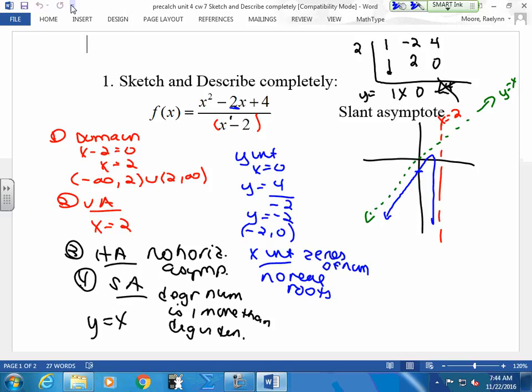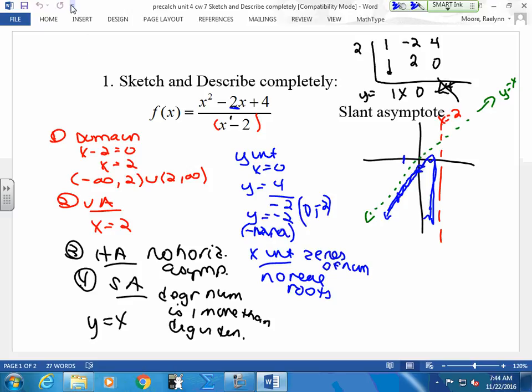Hang on. There's no x-intercept. Oh, that's not -2, 0. Okay, change my mind here. Just the y is wrong. It should be 0, -2. Sorry about that. Nobody stopped me. I talk too fast when I go.